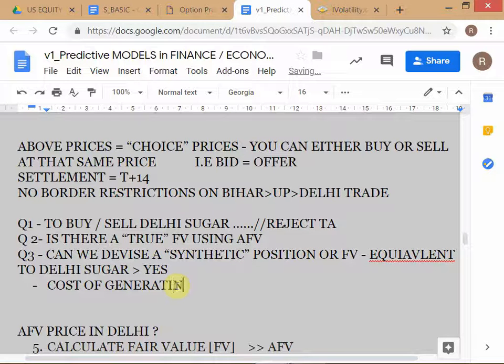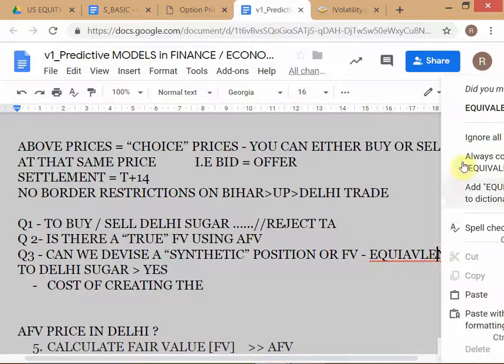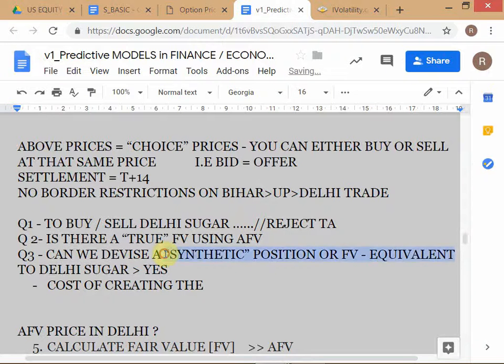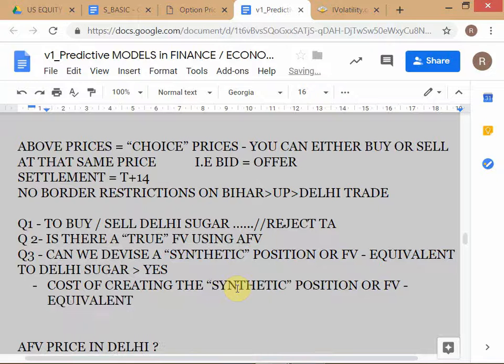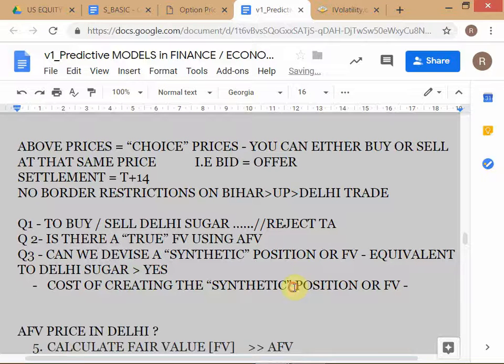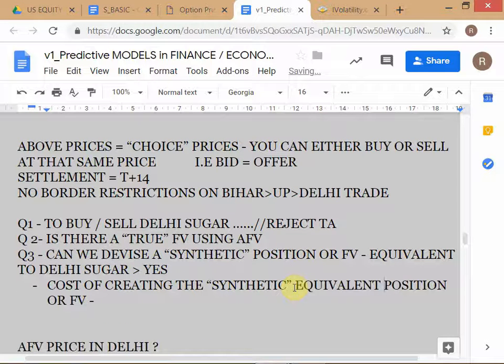The cost of creating, which is a better word, the synthetic equivalent is the fair value for what we'll call the natural market.